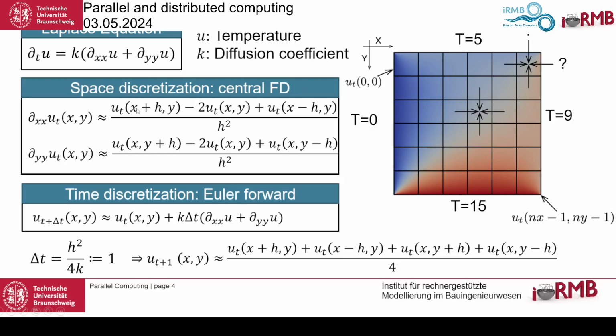There would be a right derivative, u at the position x plus h minus u at the position x, and then the one on the other side, also u minus u, and then you take the derivative again between these two points, and you end up with this equation here.